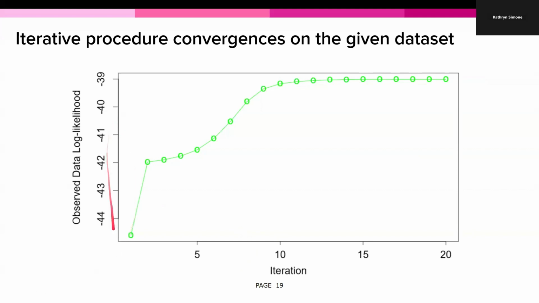And so what you're looking at here is a plot from the Elements of Statistical Learning text. On the x-axis, we've got the iteration number, and on the y-axis, we're tracking the log likelihood of the observed data at each step. As you can see, the procedure starts off with strongly negative log likelihood.